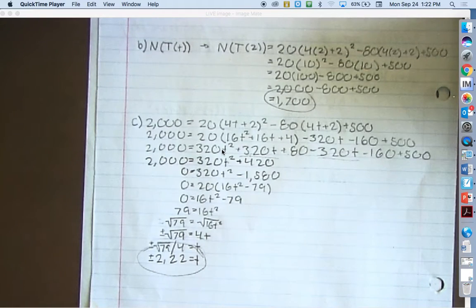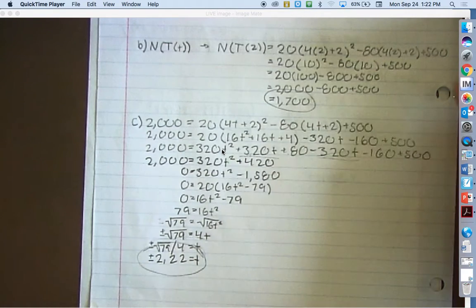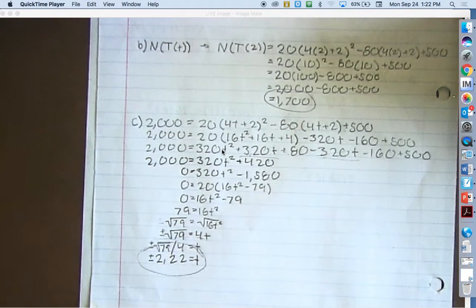So for B, you would just put in 2 for t because it's 2 hours, and you would end up with 1,700 bacteria, which is a lot.